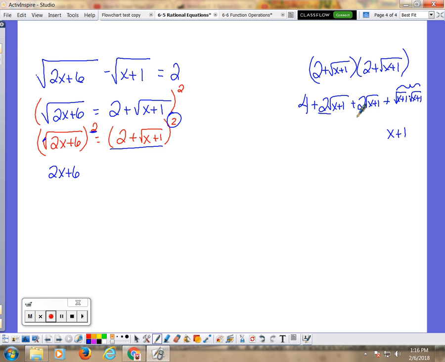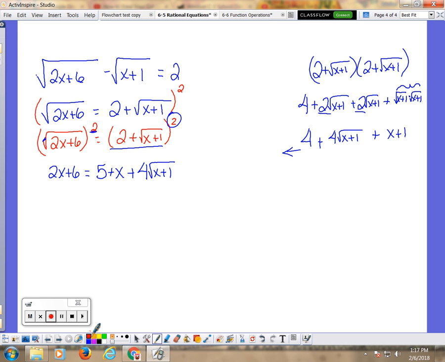We know that this 2 and this 2 added together gets me a 4 square root of x plus 1. And then we have the 4 on the front end. So what can we combine? As I come back over here, this is going to equal, well, I have 4 plus 1 or 5 plus an x plus the 4 square root of x plus 1.